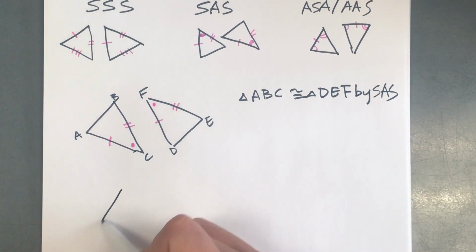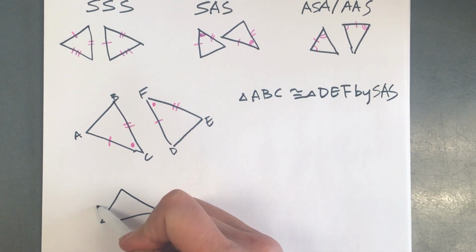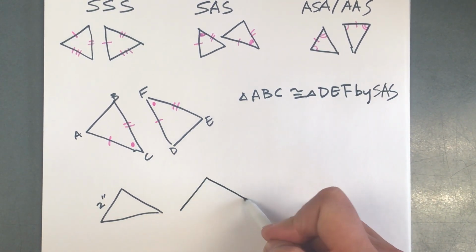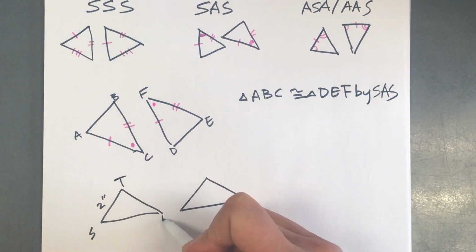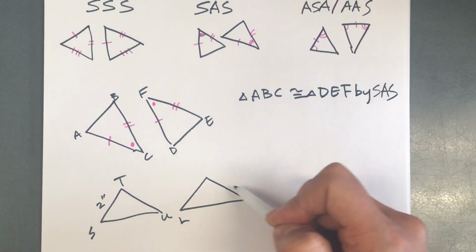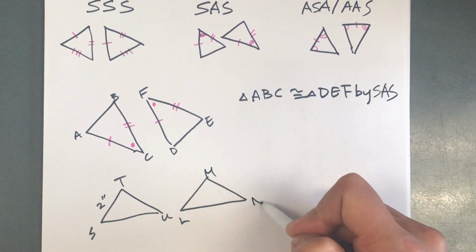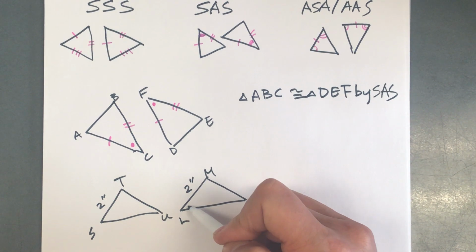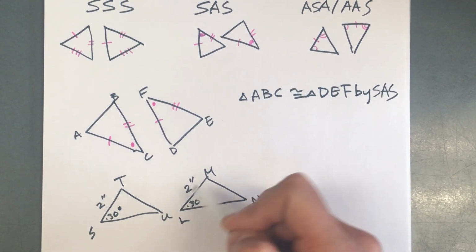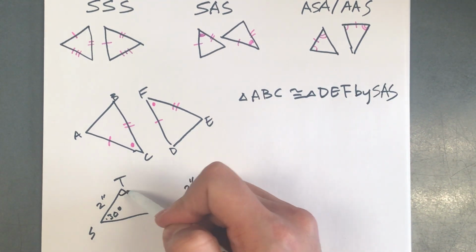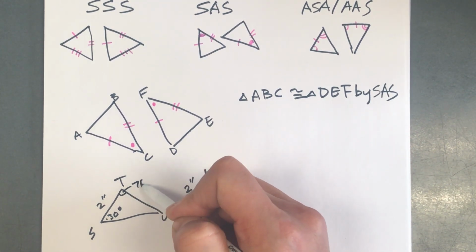So let's say we have another example. Let's say we have here 2 inches. Let's say we have triangle STU and triangle LMN. Here's 2 inches. Let's say this is 30 degrees. This is 30 degrees. And this is 70 degrees.